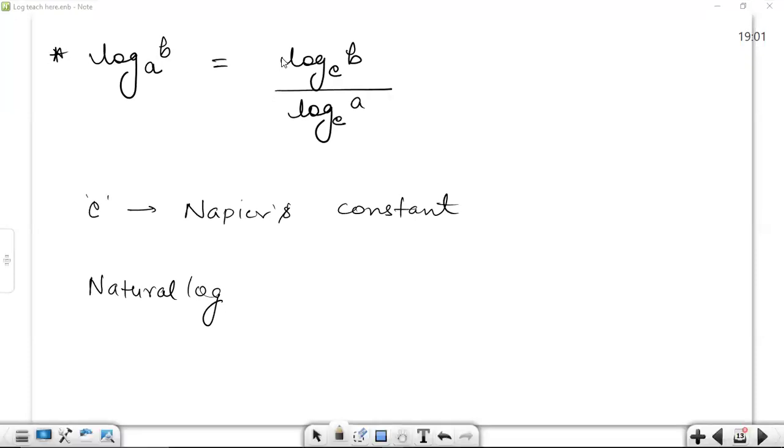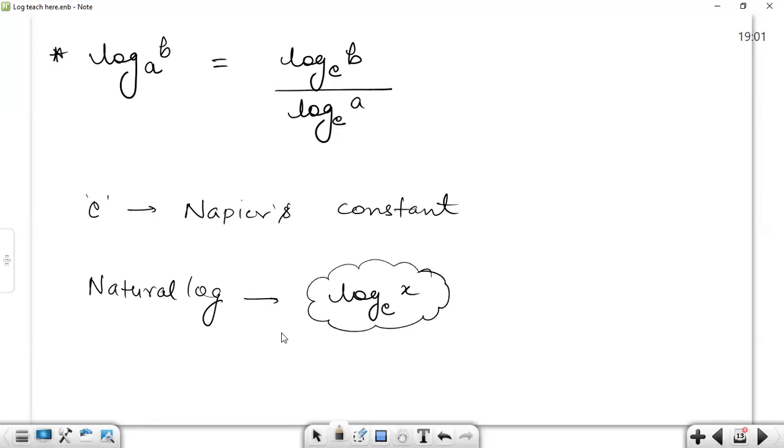Natural log means that whenever we are taking logarithm of anything, let's take x to the base of e, this is known as natural log. And generally, we can also take some other values as its base, but in that form it will not remain natural log.